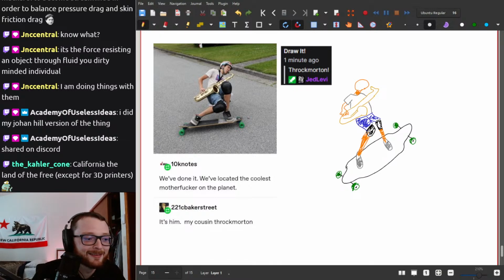His saxophone isn't quite reaching his mouth. It's okay though. He's closing his eyes. Okay, we just need his helmet, and I think we're home free. Throckmorton always remembers to wear his helmet.